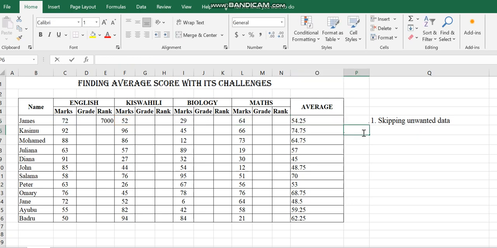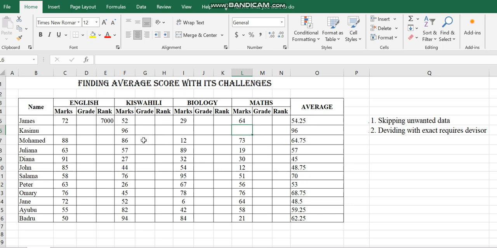What about the second challenge? It is dividing with the exact required divisor. The meaning here is, let's assume this person did not attend the English exam, did not attend biology, did not attend mathematics.